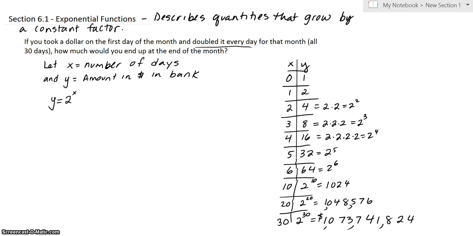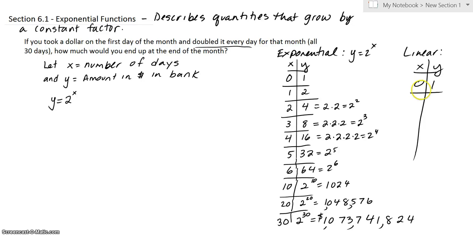So you can see where doubling every day expands a lot more than a linear function. What would you have if this was linear? If this was linear, you would still end up with 0, 1, but you would add 2, add 2, add 2.